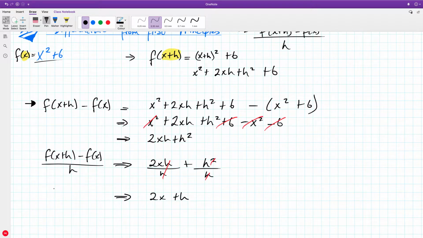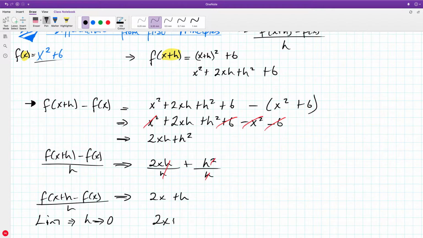What's the last line in the formula then? Exactly. The function of x plus h minus the function of x over h is the limit as h approaches 0. So that's 2x plus 0, and your final answer is 2x.